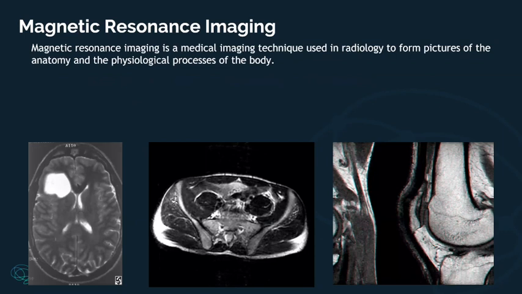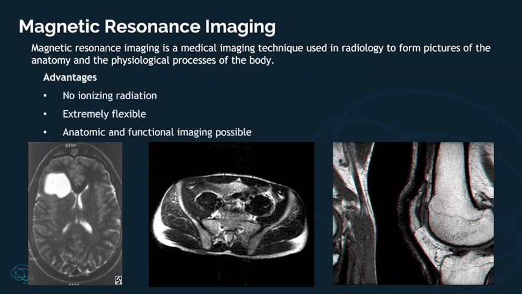So a brief intro to MR. MRI, or magnetic resonance imaging, is a medical imaging technique which is used in radiology to obtain images of anatomy as well as physiological processes of the body. So what are the advantages of this modality? First of all, it has no ionizing radiation, which means that it is extremely safe.